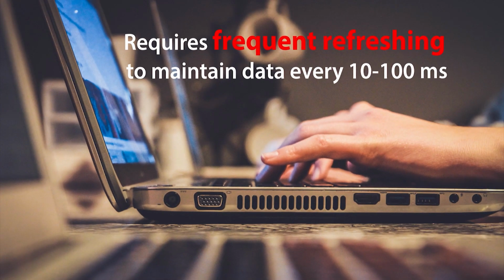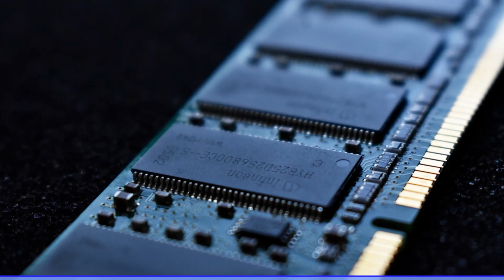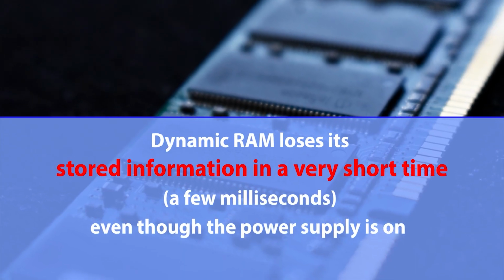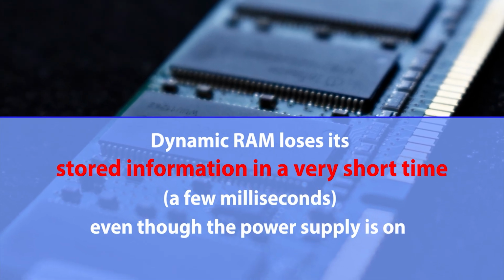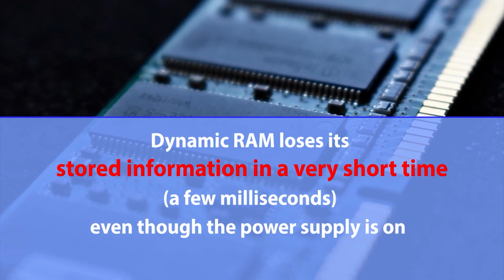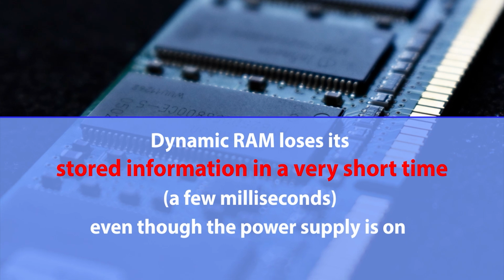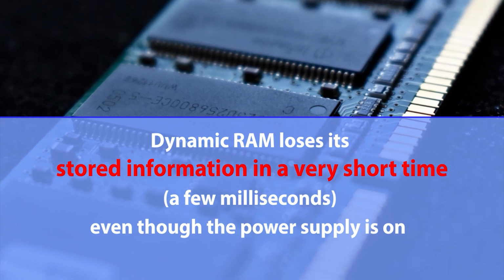For that very reason, in dynamic RAM we make use of frequent refreshing. That means within a period of 10 to 100 milliseconds, somewhere in between, we have to keep on refreshing the memory. That means we have to keep on maintaining that charge. And for that reason, dynamic RAM loses its stored information in a very short period of time if not refreshed, even when the power supply is on.